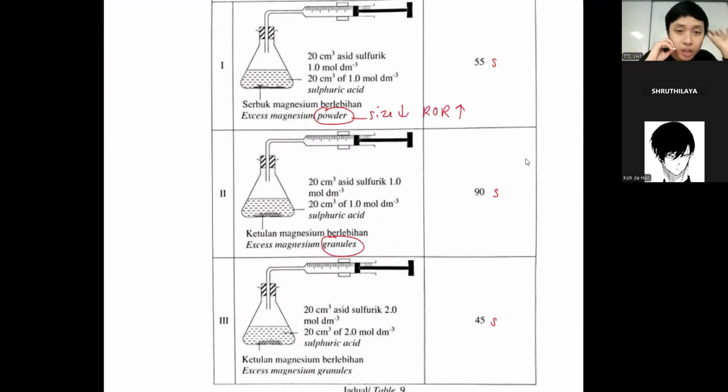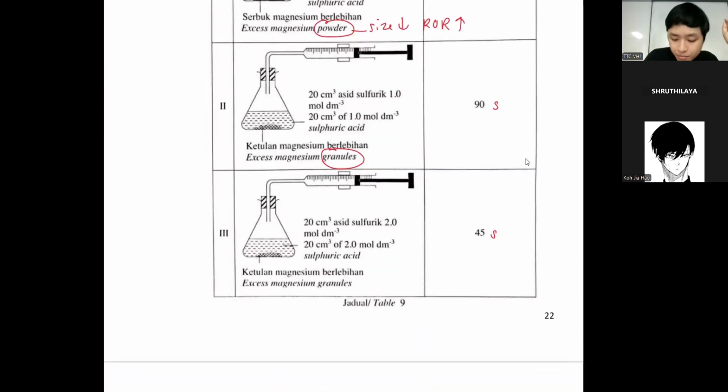Very simple. Then second and third, what's the difference? The concentration, 2.0. Of course, higher concentration means the rate of reaction is also higher.